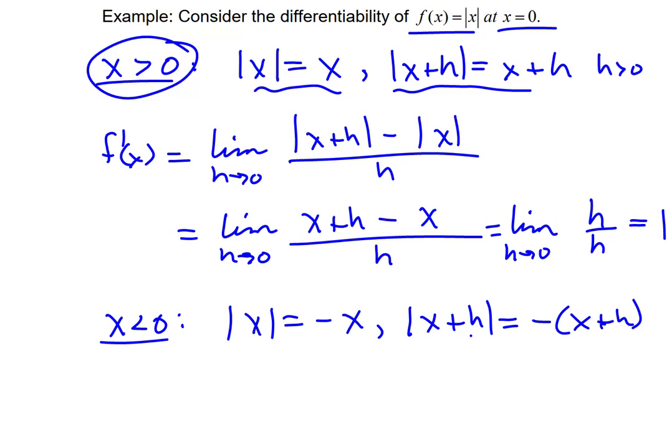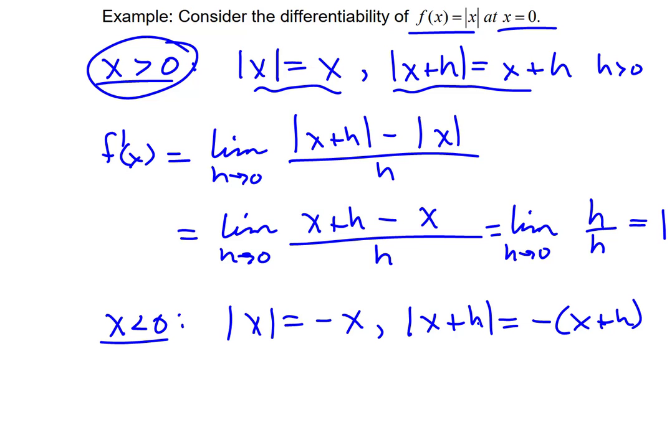So the point is, remember, h is just some positive value, but it could be as small as we need it to be. And we could pick one small enough to maintain this fact about the absolute value of x plus h being negative (x plus h). So if h is small enough, it won't change the value of this expression, so this still works.